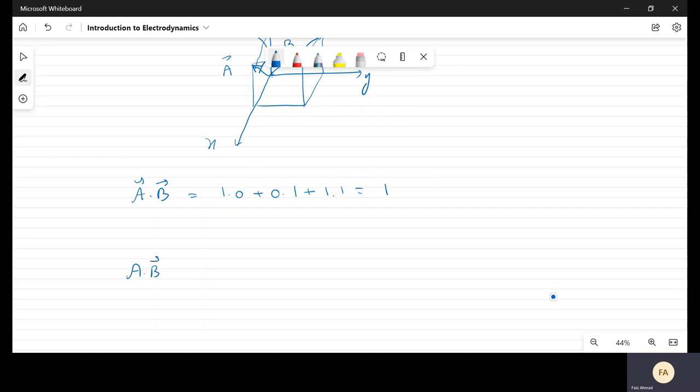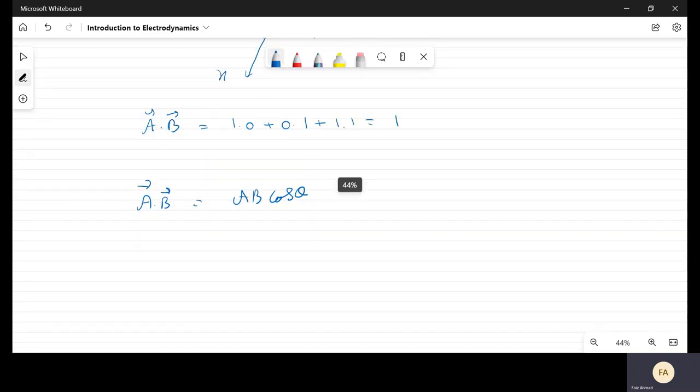The definition of the dot product is AB cosine of theta. We find the magnitude of A, which is under root 2, and the magnitude of vector B, which is also under root 2.